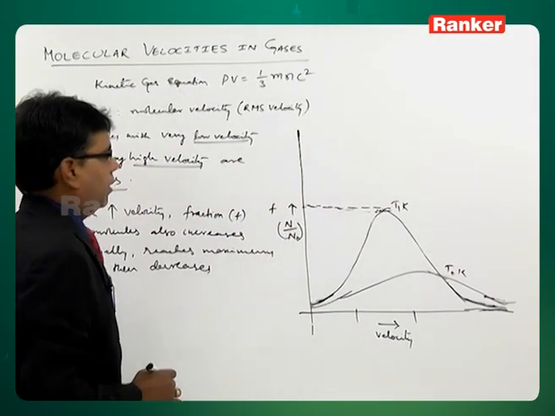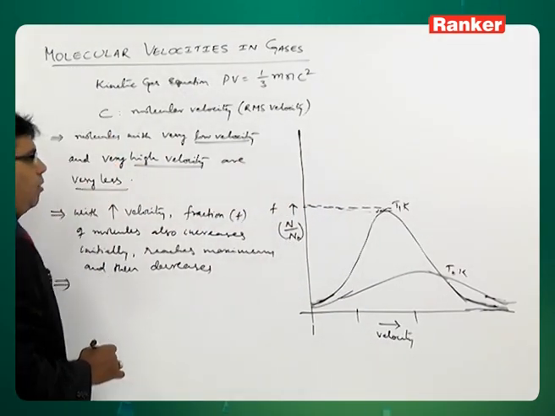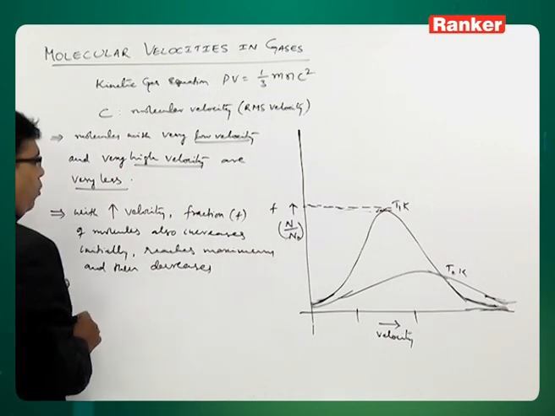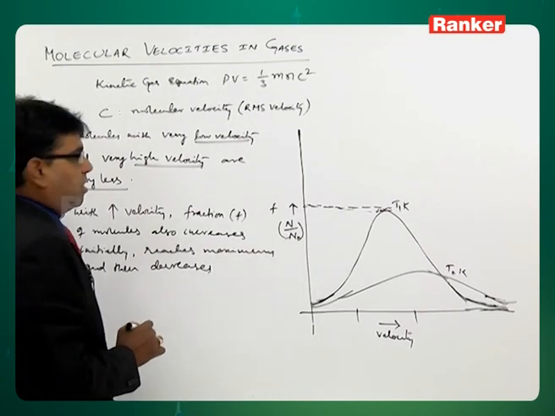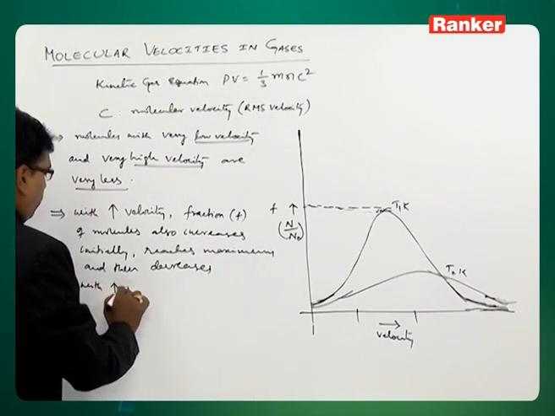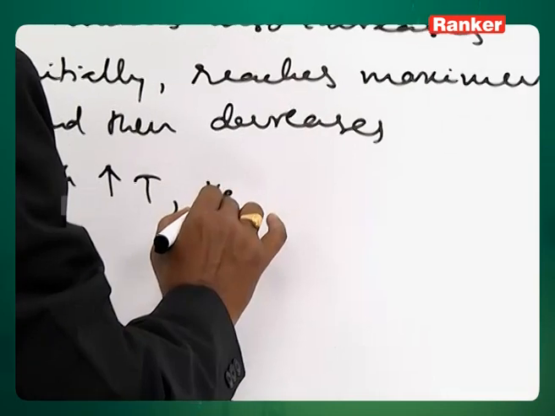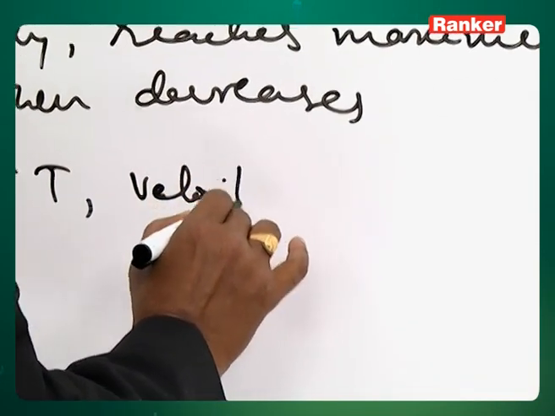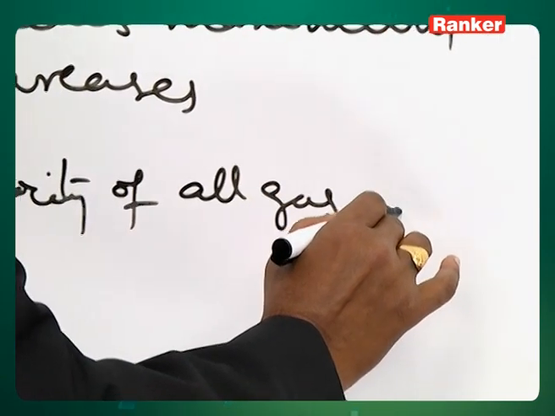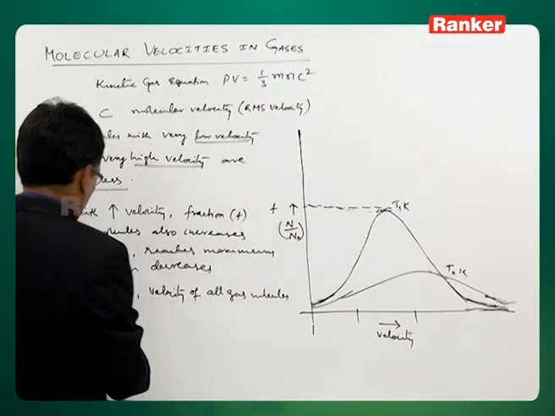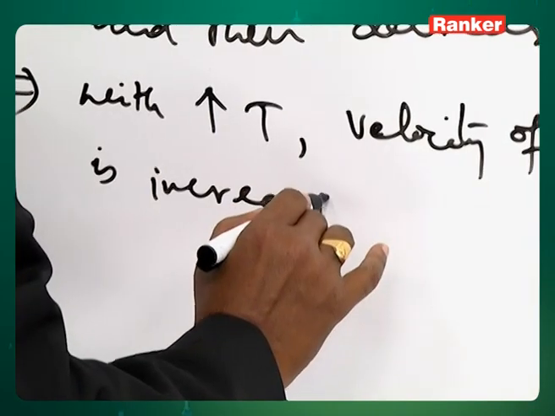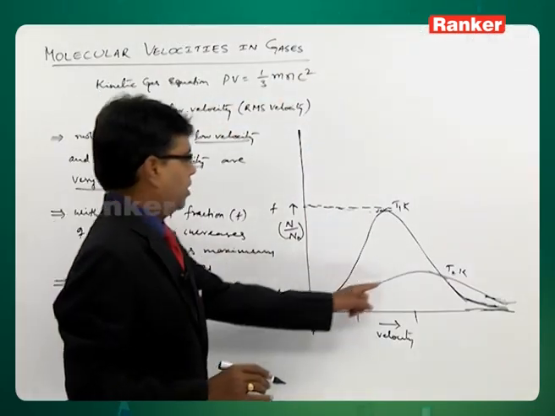Comparing the graphs drawn at the two temperatures T1 and T2, one more inference we can draw is that with increase in temperature, the velocity of all gas molecules is increasing.